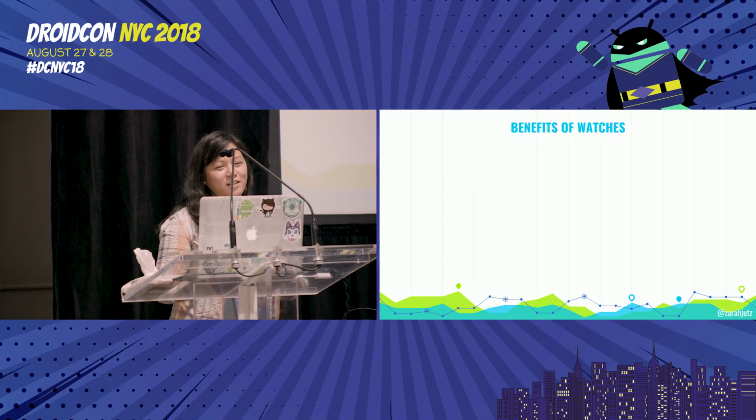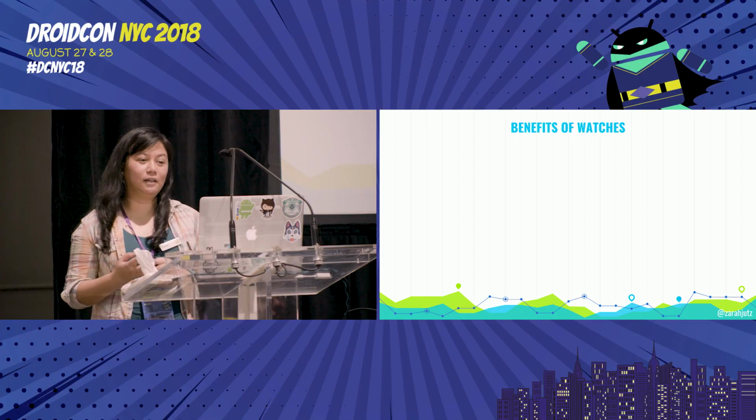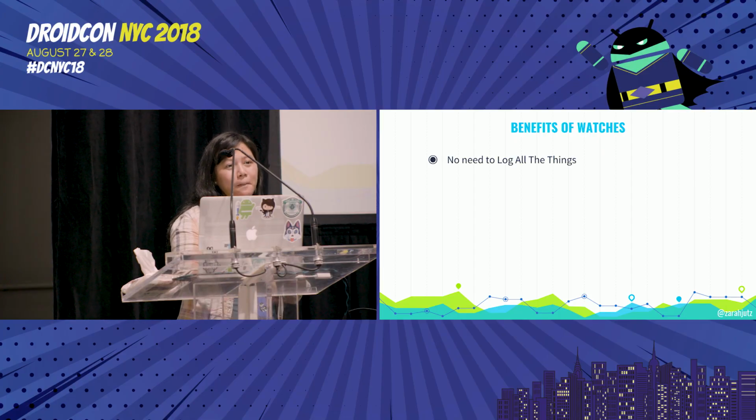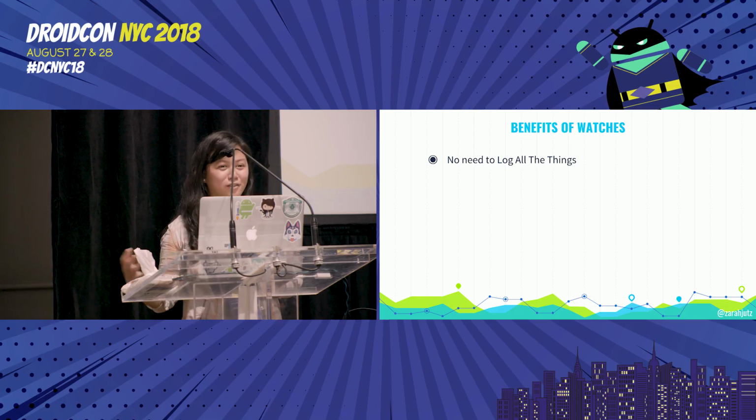So I like watches a lot, as you can probably tell, because I get a lot of benefit from them. One is that there's no need to Timber or Toast or log all the variables that we are interested in. Like, what if we go one index further? What will happen? Or what if we add 1 to this expression?